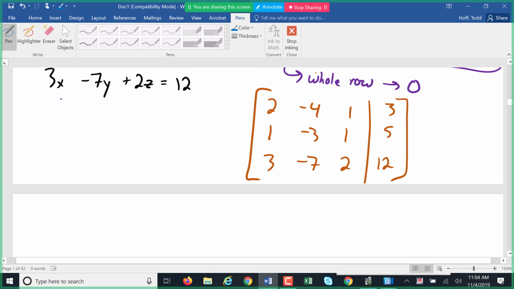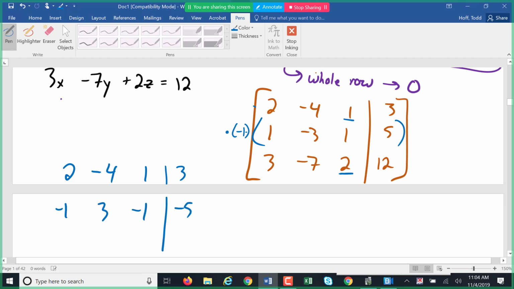I'm going to use this second equation here to eliminate this piece in both of the other ones. So I'm going to multiply this by a -1 first. My top line stays the same. Second line becomes -1, +3, -1, -5. Bottom row stays the same.